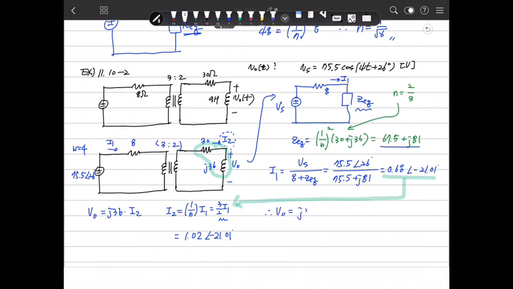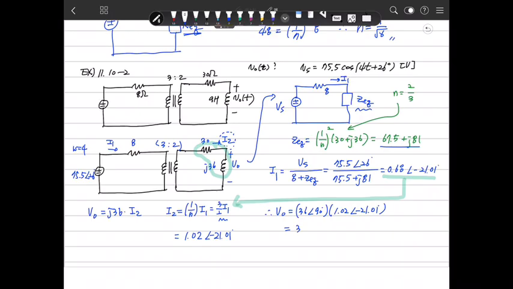Therefore, Vo is j36, that is 36 at 90 degrees, times 1.02 at minus 21.01 degrees.